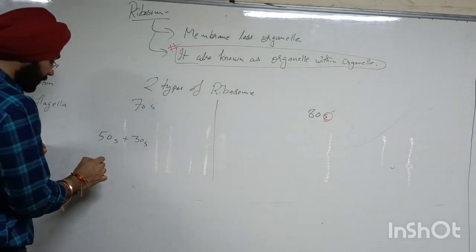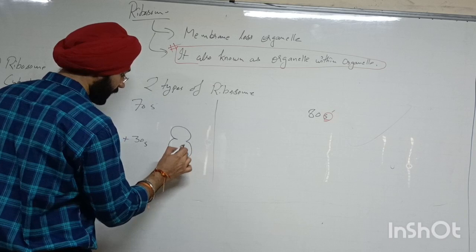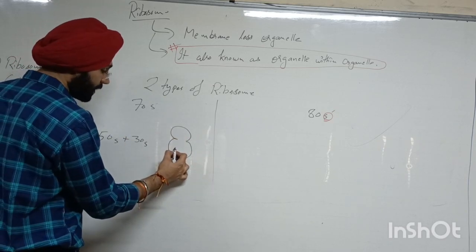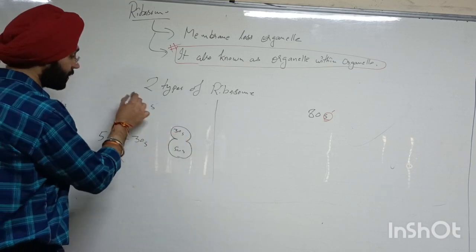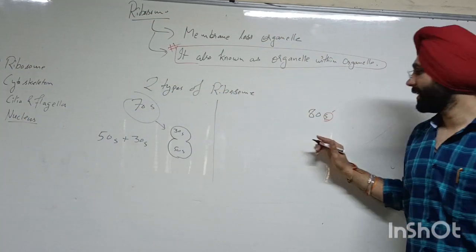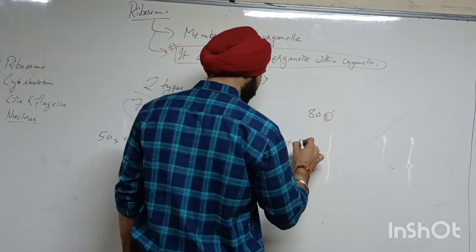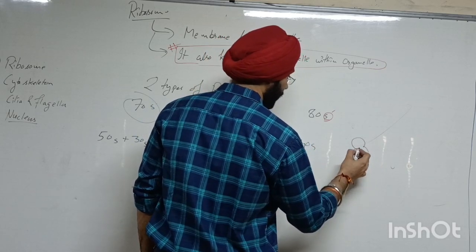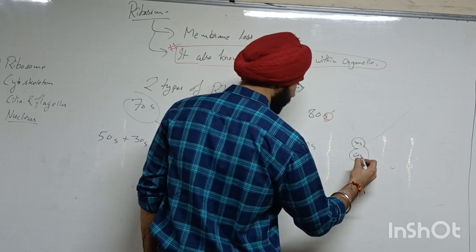Here the ribosomal schematic diagram is shown: the bigger one is the 50S subunit and the smaller one is the 30S subunit. So it makes 70S. Whereas 80S comprises 60S plus 40S. So this is 40S and this is 60S.